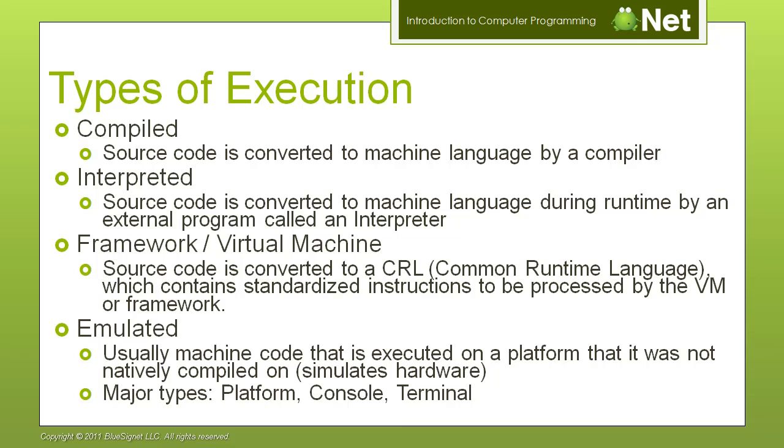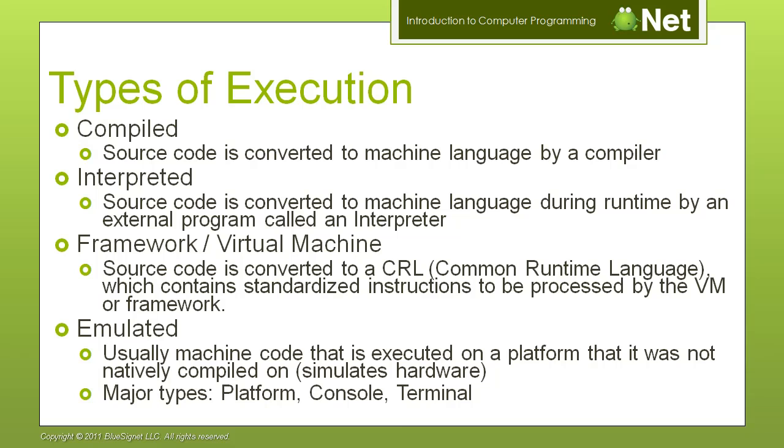Lastly, there's emulated, which means that you can run a program on your operating system that simulates another operating system, and within it executes a program for that operating system. For example, in Linux, you can run a Windows emulator that executes a program compiled for Windows.